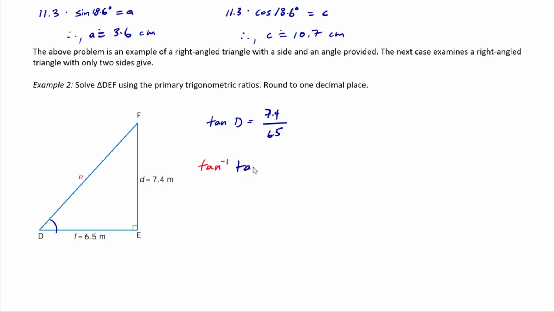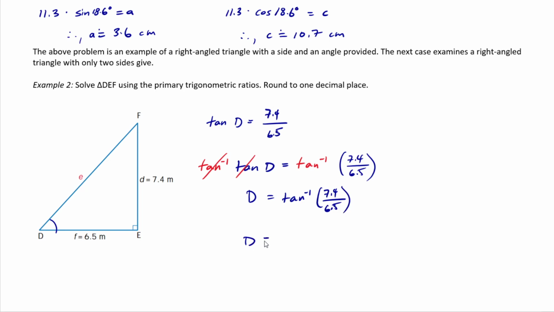The inverse of tan undoes the tan ratio and allows us to cancel the tan in front of D. Then D is equal to the inverse tan of 7.4 over 6.5, and so D is approximately 48.7 degrees.